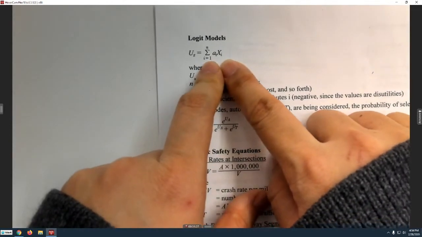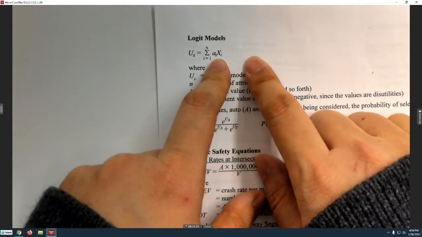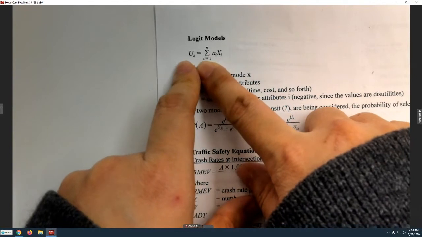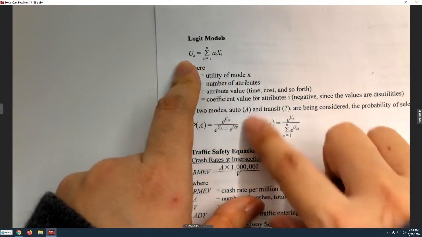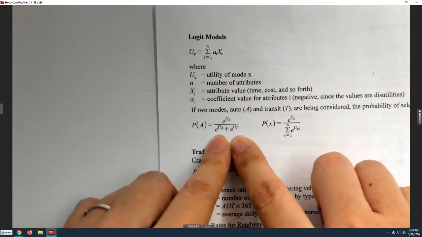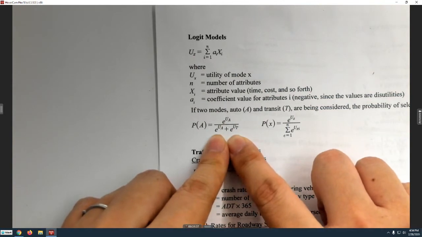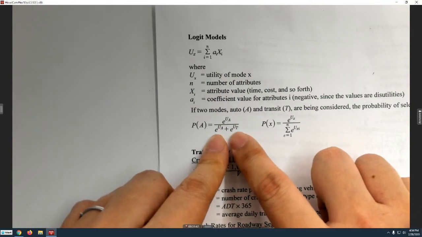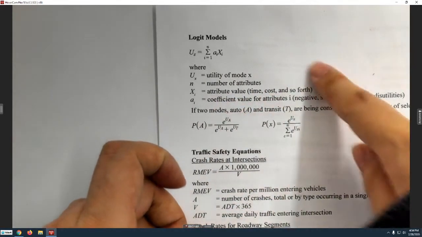It will probably give you the time and the cost for each mode, and then you use this to calculate the utility for each mode, and then you plug the numbers into this logit model equation to get the percentage, the probability, of each mode being chosen. So these two equations. Okay, with that, I think I'm more comfortable with the traffic capacity topic.